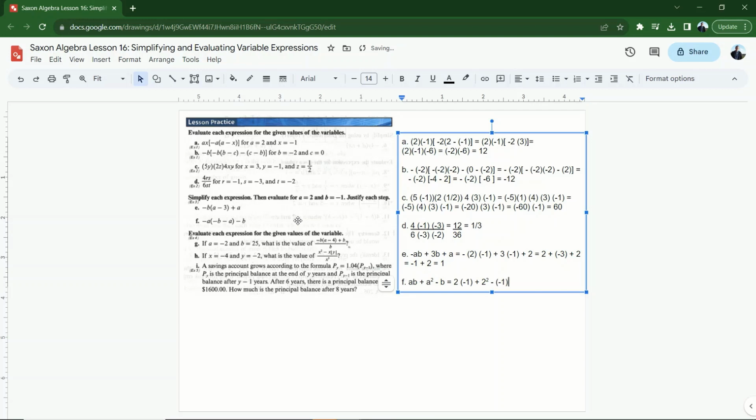Now I'm going to simplify this expression. I don't have any inclusion symbols. I do need to do the exponent first, and then multiply from left to right. So -2 plus 4 plus 1, because minus -1 becomes plus 1. -2 plus 4 is positive 2, plus 1 is 3.